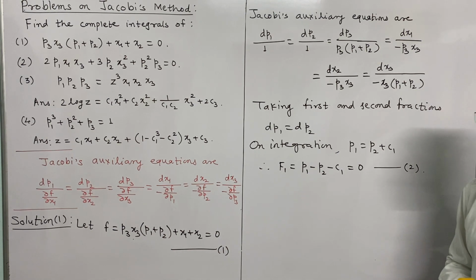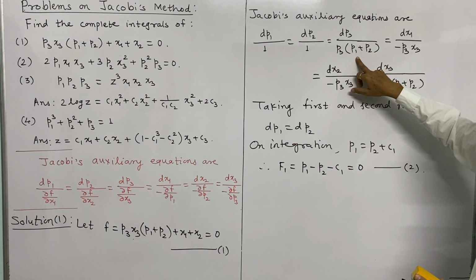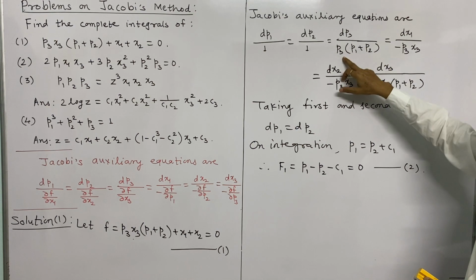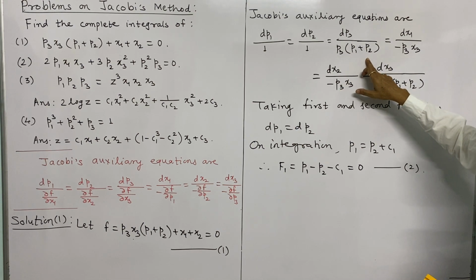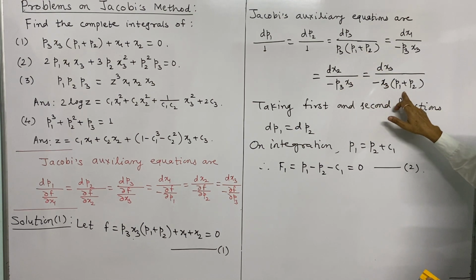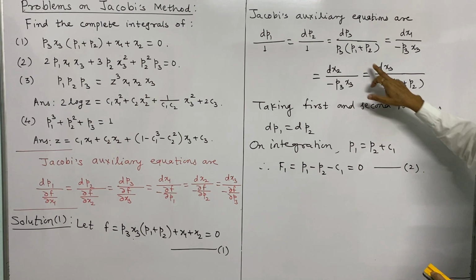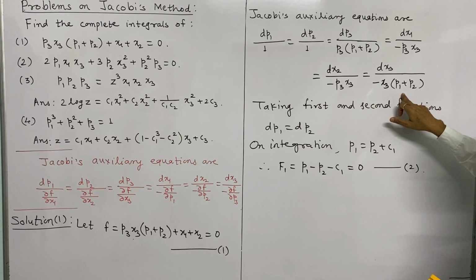Now to get the second relation we again observe this, and we may see we can have for p3 relation, other relation. We want the values of p1, p2, p3, and therefore if we consider this fraction dp3 divided by p3 into p1 plus p2, and this term appeared in this denominator, so we equate this third ratio and sixth ratio.